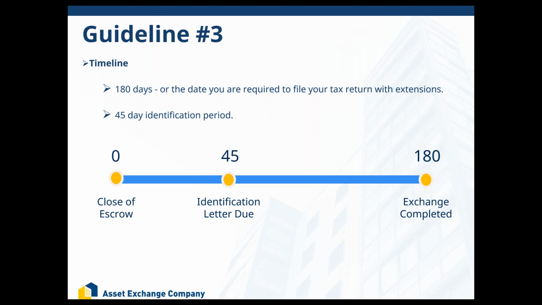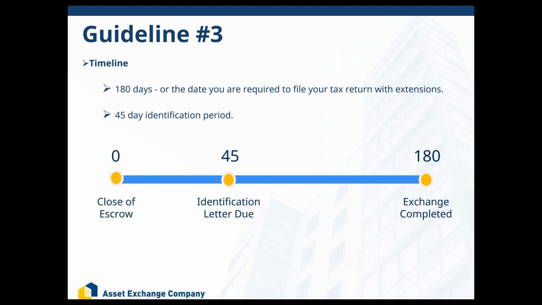From June 1st to November 30th is hurricane season. If we're getting hit with a hurricane and everything shuts down for a day or two or a week, whatever it may be, it does not matter. That clock is always going to be ticking. So it's 180 calendar days to purchase any replacement property or properties.